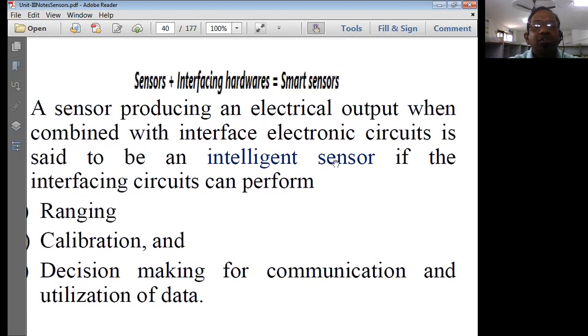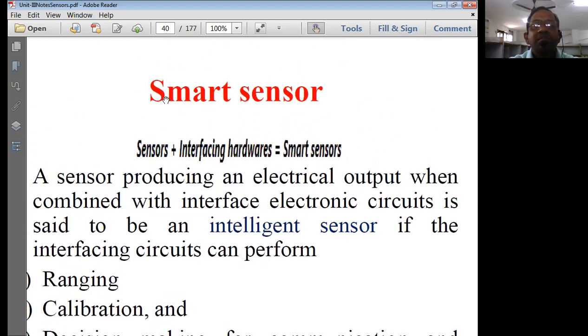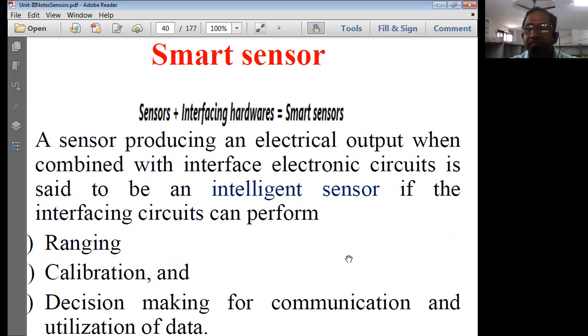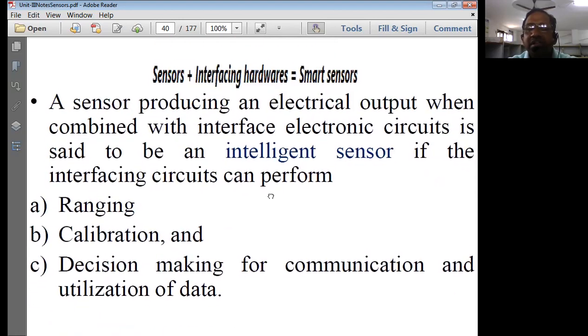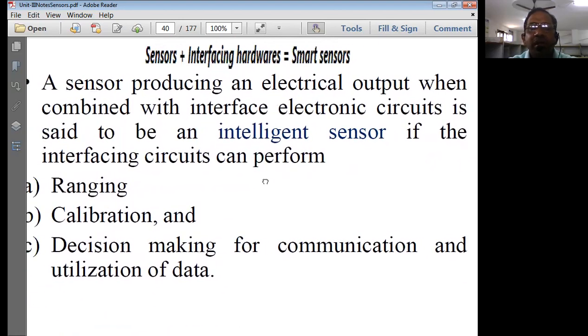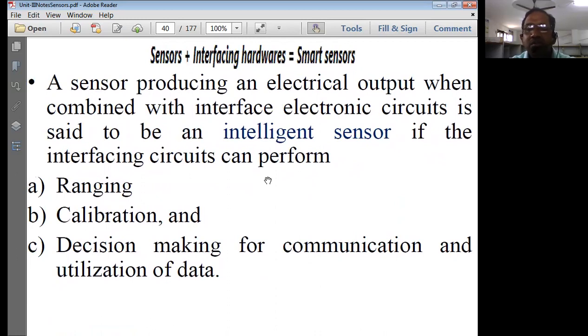Now, as I was telling you, smart sensor, what is the meaning of smartness? Intelligence. We are adding artificial intelligence to the basic sensor. If we add some intelligence to the sensor, it is called a smart sensor. That means intelligence we can provide by using some interfacing hardware, because intelligence can be provided by using digital hardware circuits.